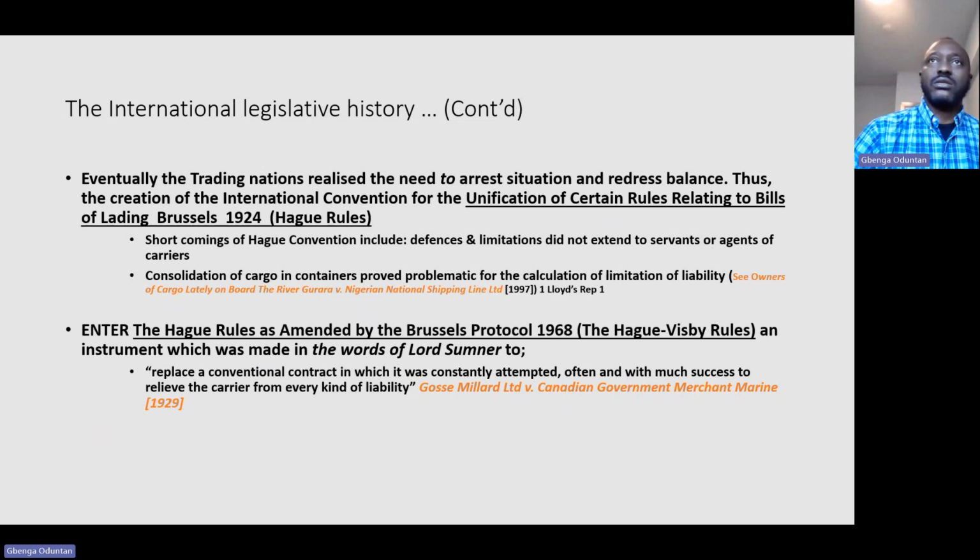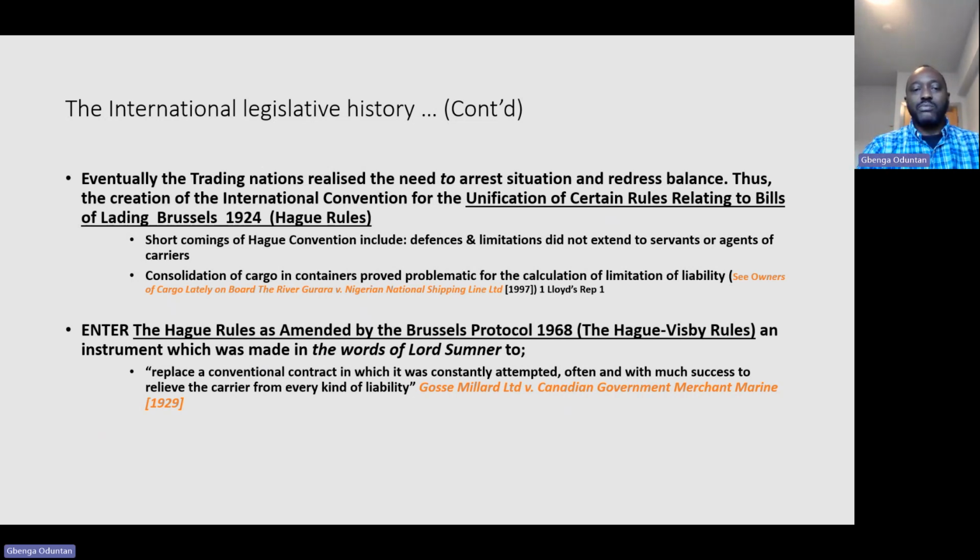And of course, that is unacceptable to the vast majority of shippers, which meant that dissatisfaction by 1968 led to some states, again, coming together to try to arrange a new international legislation convention, known as a sort of amendment to the Hague rules, now called the Hague-Visby rules, signed in Brussels.